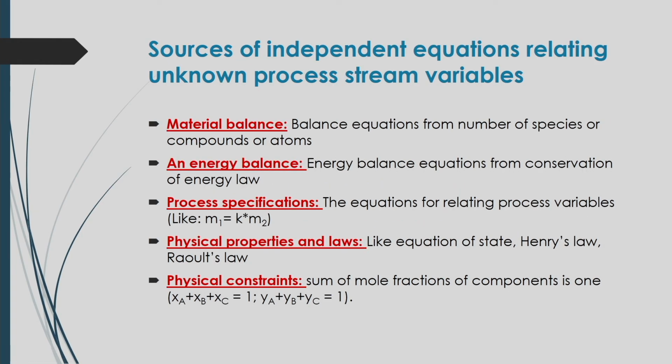Now, the source of independent equations relating unknown process stream variables. Sometimes, whenever you are doing the material balance for a particular process, you will see that a certain number of equations is obtained from the material balance, but there are more unknown variables in the process than equations. So, to equalize the number of equations with the number of process variables, you have to consider whether some other relationships exist with the variables, or some other relationships given based on thermodynamic conditions, or any other physical law involving the process variables, or any physical constants in the system.